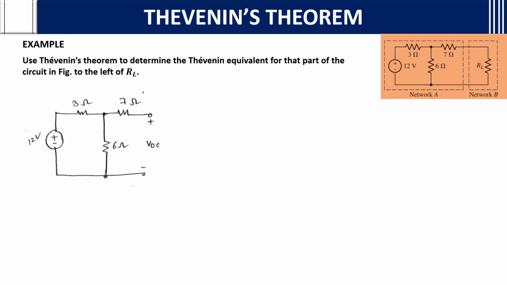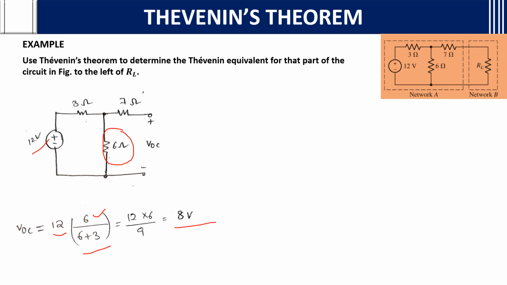You can remove this RL because we want the Thevenin equivalent left of RL, and lastly while drawing the whole circuit we can add it back. By the voltage divider rule, VOC, the Thevenin voltage, is 12 volts, the total voltage, multiplied by 6 over the total resistance 6 plus 3. That is 12 into 6 by 9, which gives 8 volts.